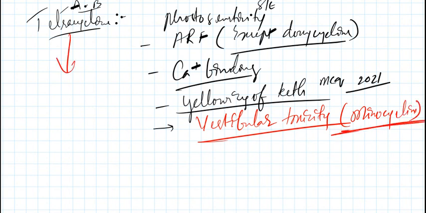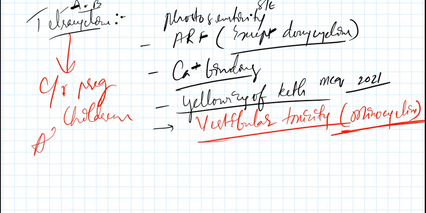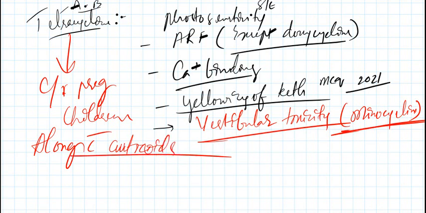And tetracyclines are contraindicated in pregnancy. Why? Because of teratogenic effects. They are also contraindicated in children unless the benefit outweighs the risk. And they should not be prescribed along with antacids. Remember, it should not be prescribed along with antacids.